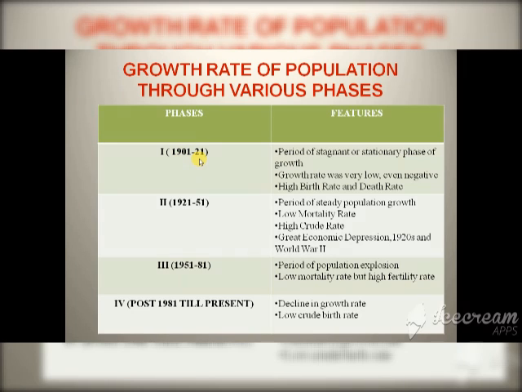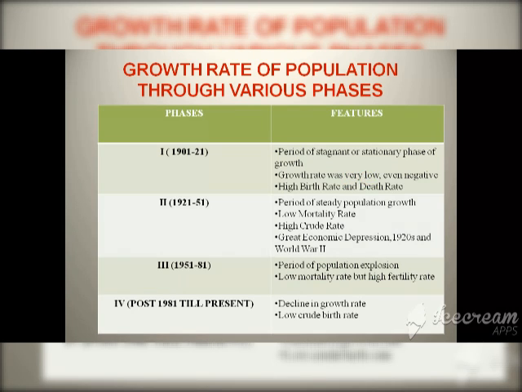Here the population was very stagnant. There were no much changes in the population growth, so it is referred to as the stationary phase also. The growth rate was very low, and sometimes it even fell to negative.